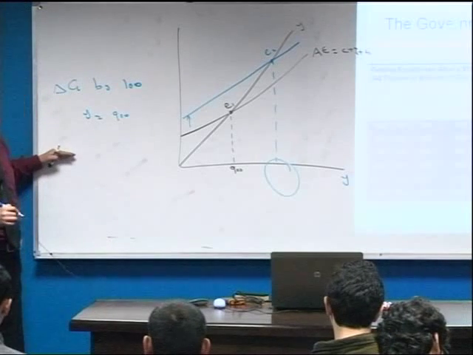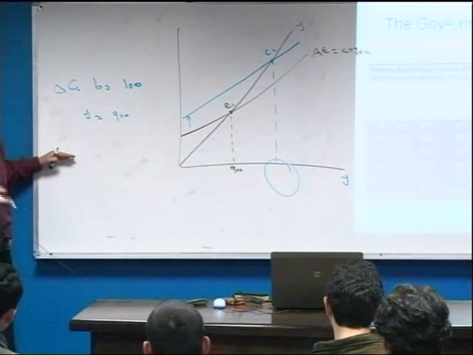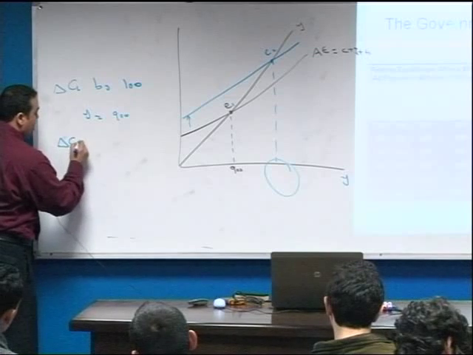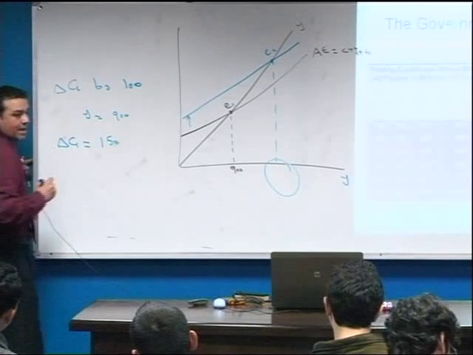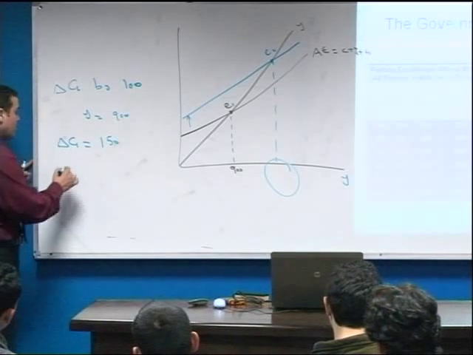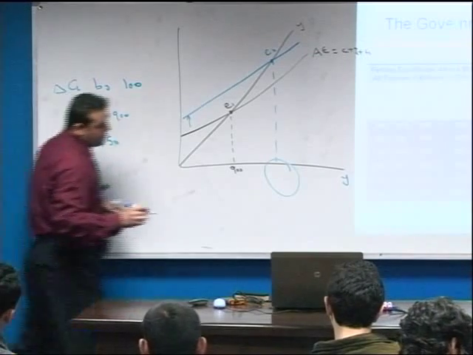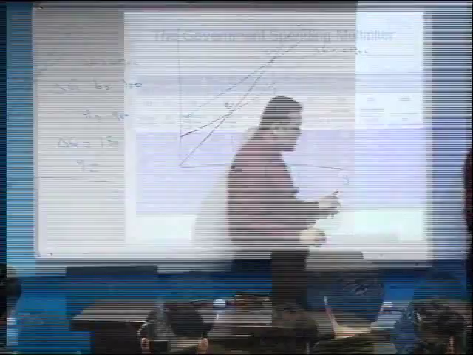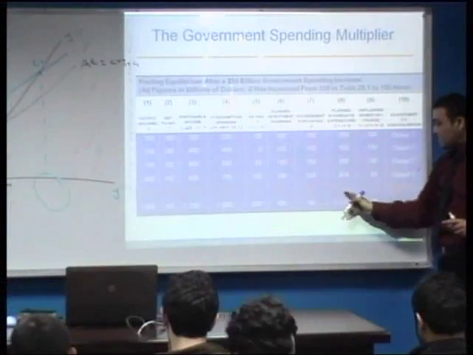But now, when the government increased its spending by $150 million, how much is the equilibrium Y? It has increased to 1,100, as you see.